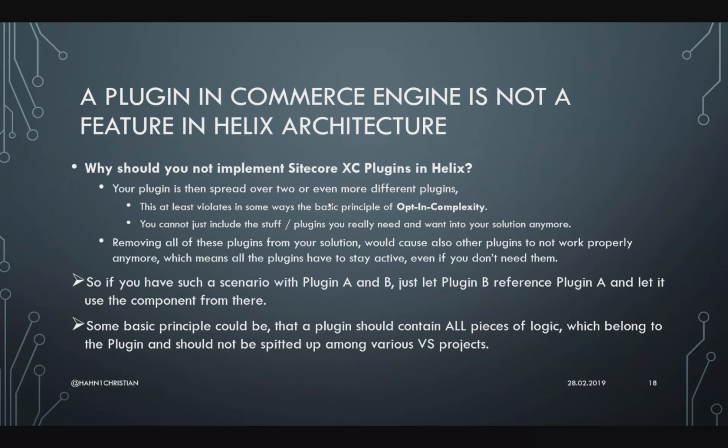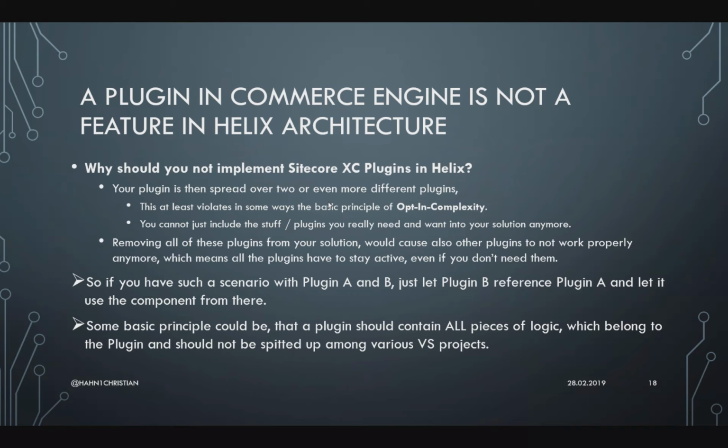In such a dependency scenario, you would also be obligated to cut out plugin C and add it to another solution. But then we would have a lot of classes and a lot of components in plugin C we do not really want in that new solution. So like garbage we are taking with us, we have to remove it manually. So issues like that make it even harder to then maintain this solution.